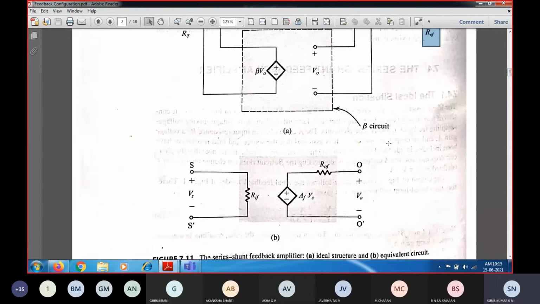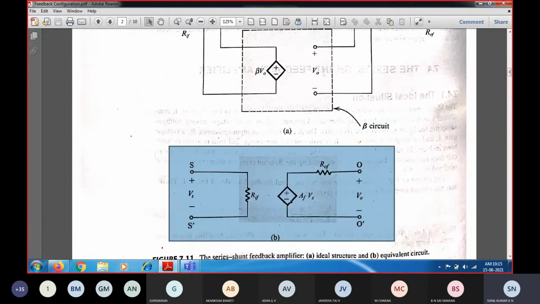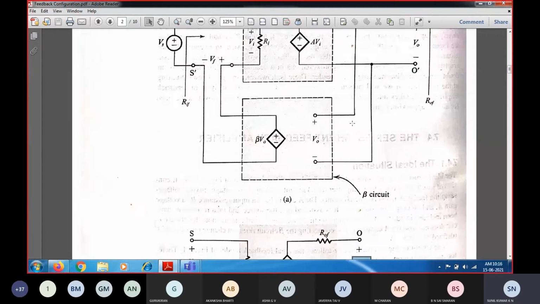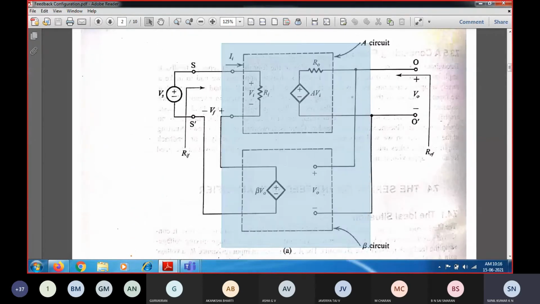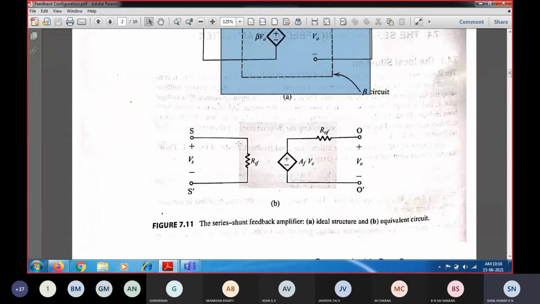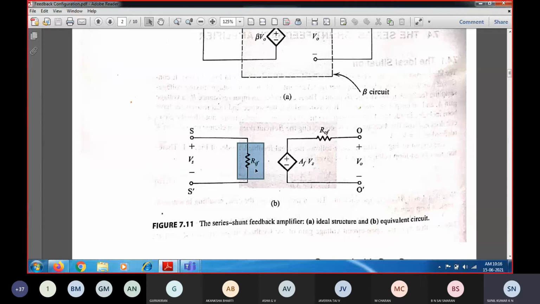Whether you people are understanding, I am just representing the modified equivalent circuit over here. The input signal is Vs and the output is V naught. As usual it is a voltage amplifier, so I represent Vs on the input side and V naught as the output. Together, the two blocks combined give you the gain, for which you have an input resistance RIF, that is the input resistance with feedback, and an output resistance with feedback, denoted as ROF.